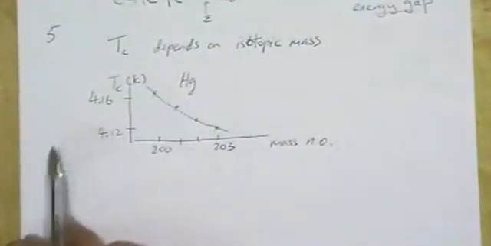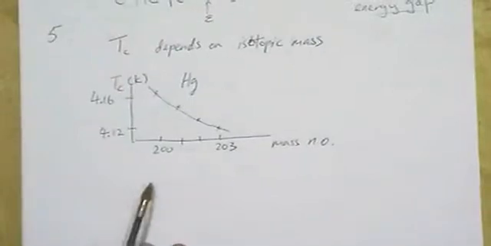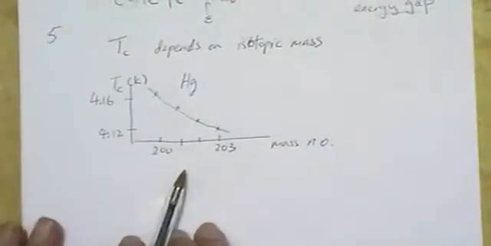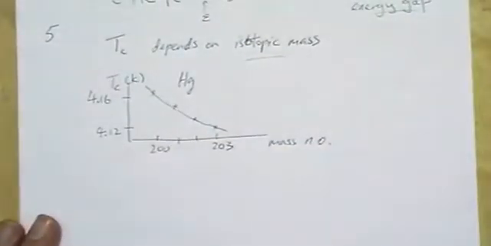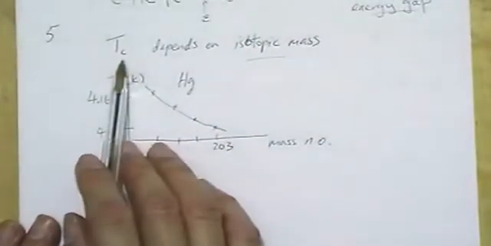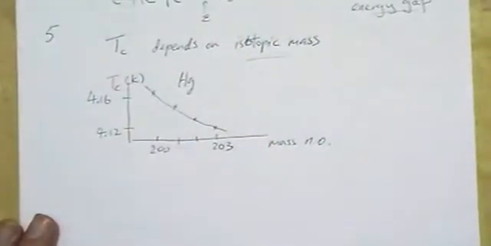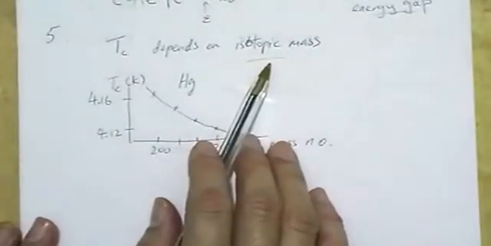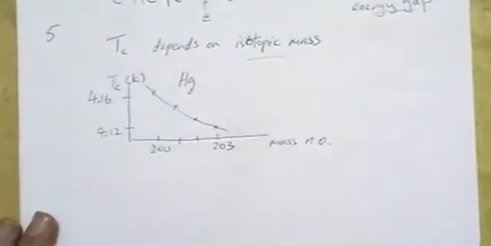And it is this last result here which suggested that superconductor might have something to do with the vibration of the atoms. Because how else could the transition temperature depend on the isotopic mass if it is not because the mass are somehow moving and perhaps colliding with the electrons?